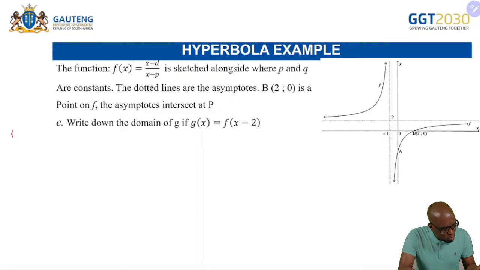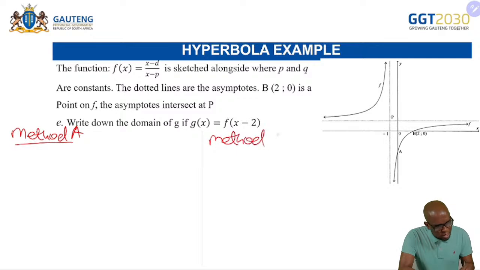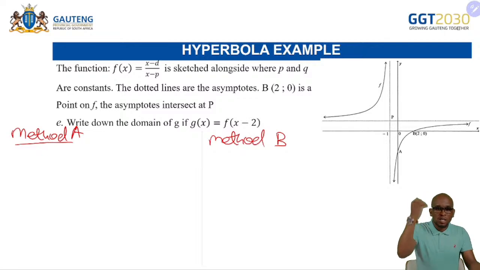So there are two ways of doing this. First one would be you can look at the graph. You can look at the original equation, and from the original equation, write down the domain of the original function and then use the transformation that is given to write down the domain of the new function.